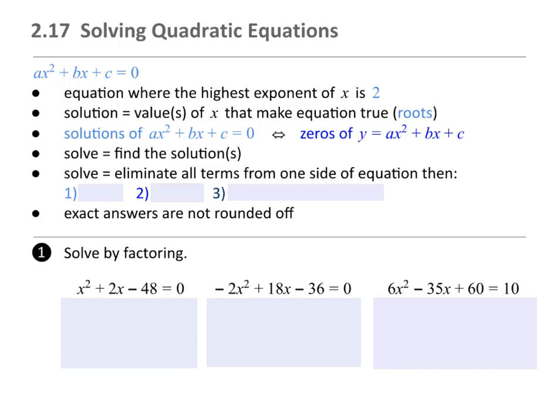So you solve by finding the solutions: eliminate all terms from one side of the equation, then factor, then isolate your variables, and then use the quadratic formula. Now, if you don't remember the quadratic formula, you can always go back and check.